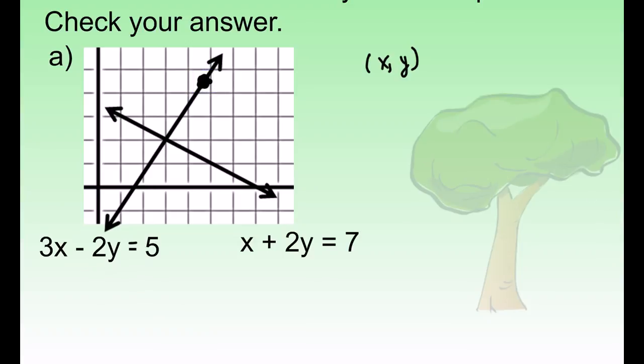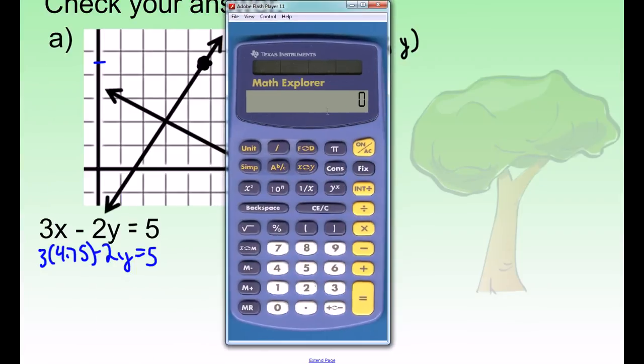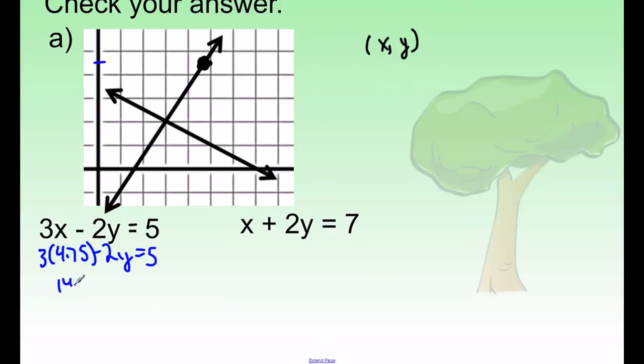I can check that if you really wanted me to. Just as proof, that's like 4.75, so with an x value of 4.75, 3x minus 2y equals 5 should give me a y value of maybe 4.5. So 3 times 4.75 is 14.25, minus 2y equals 5.